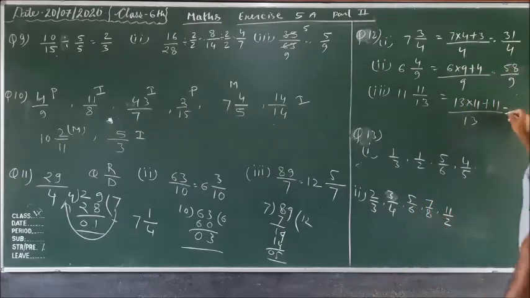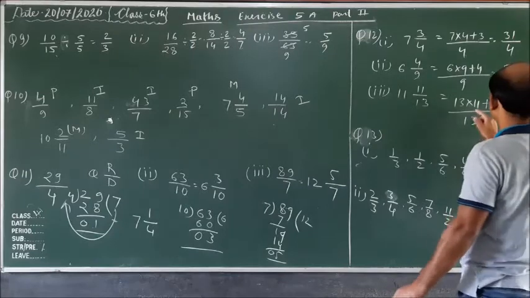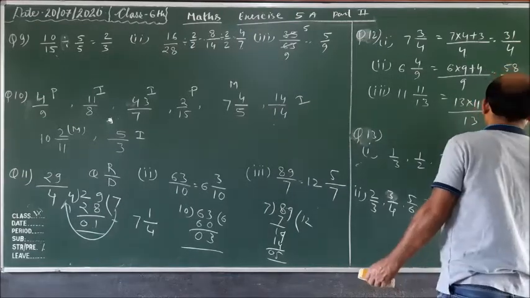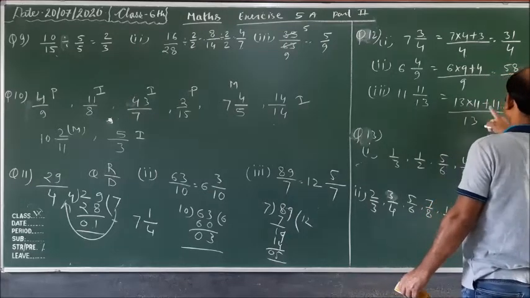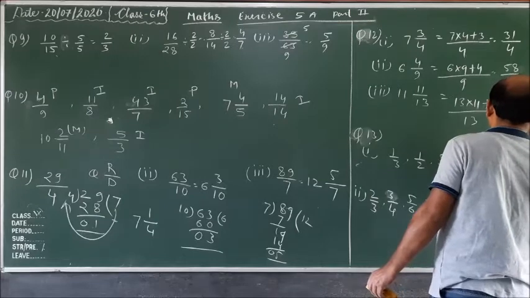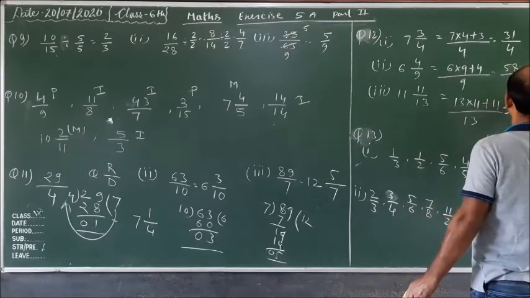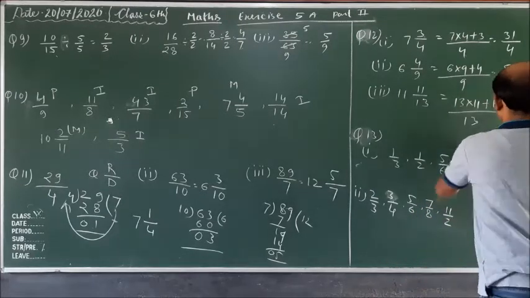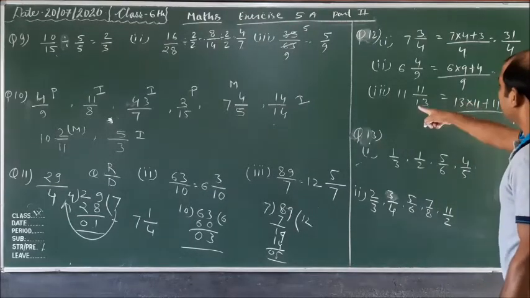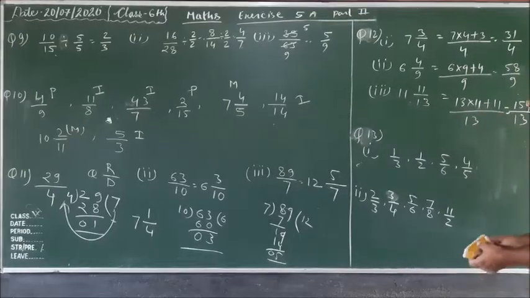Dear children, 11 3s are 33. 11 1s are 11 plus 33 equals 44. Plus 11 equals 154 upon 30. Okay, this we change here from the mixed to the improper fraction.